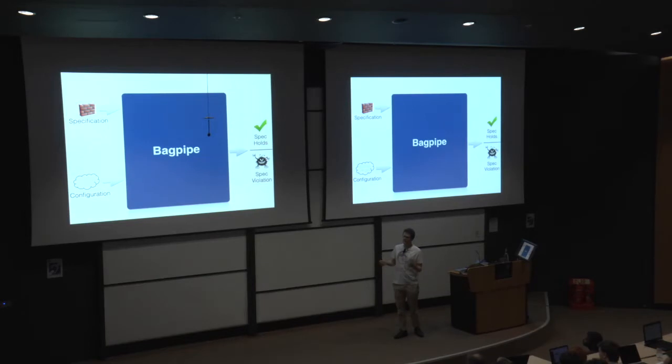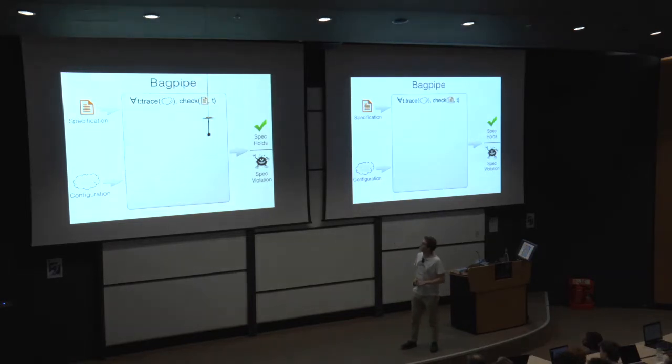So to solve this, I came up with a tool called Backpipe. Backpipe takes in a configuration of the ISP and a specification of what the ISP actually wants, and then it either tells you that the specification is correct or that it's not correct.